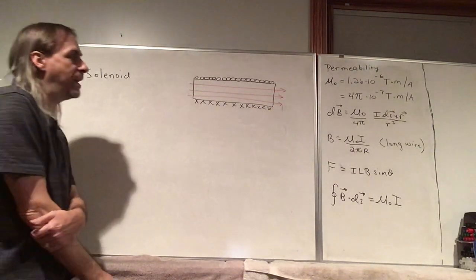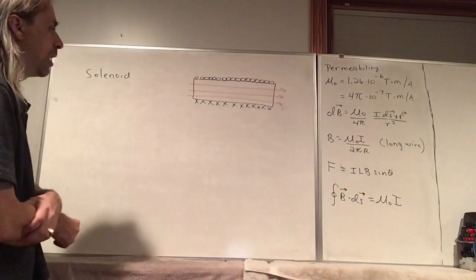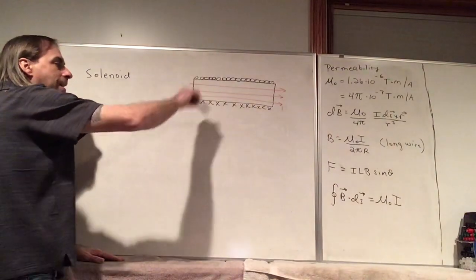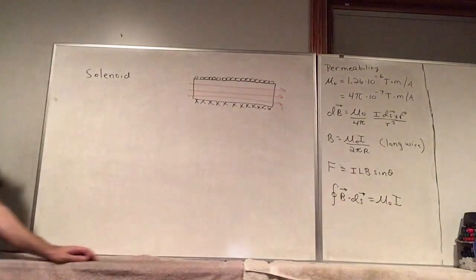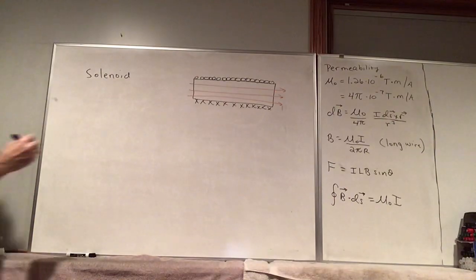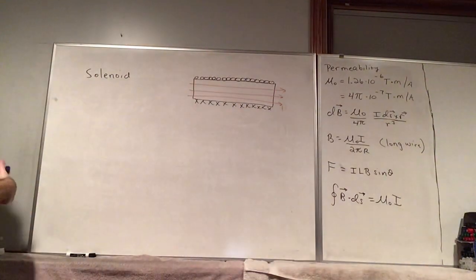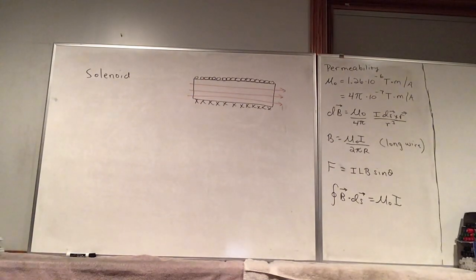We can solve this using either the Biot-Savart law, where our wire is this helix shape. That would be very difficult to do. But we're actually going to solve this using Ampere's law. So we're going to draw a couple Amperian loops. The magnetic field lines are parallel to the axis of the solenoid.